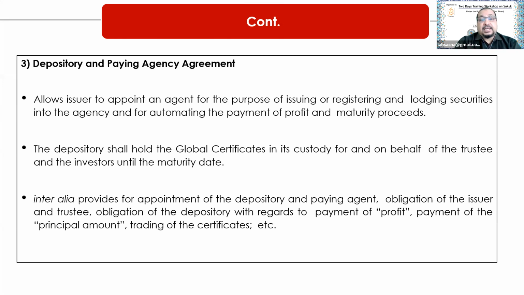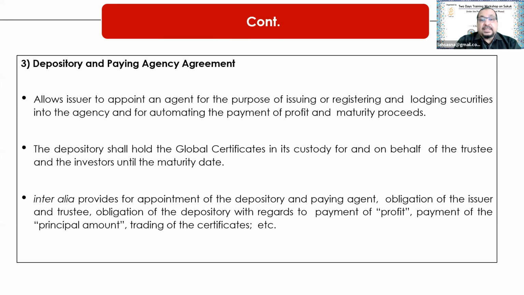The depository shall hold the global certificate in its custody and on behalf of the trustee and investors, because these are some of the payments done by a third party, even though it is collaborated with the trustee.